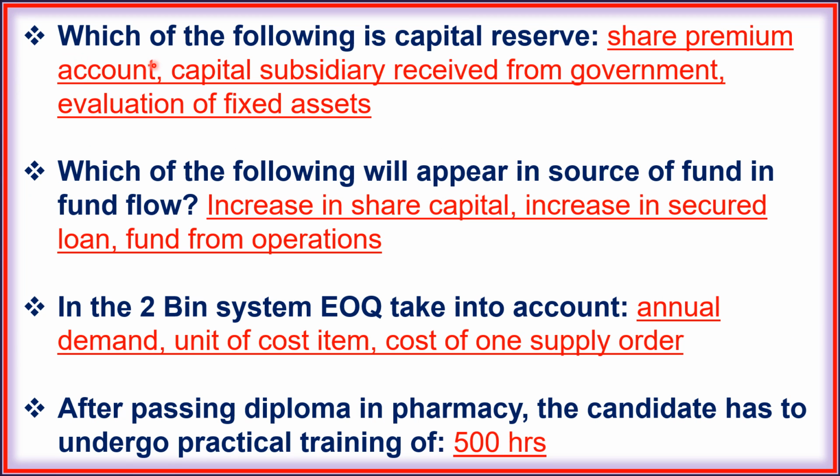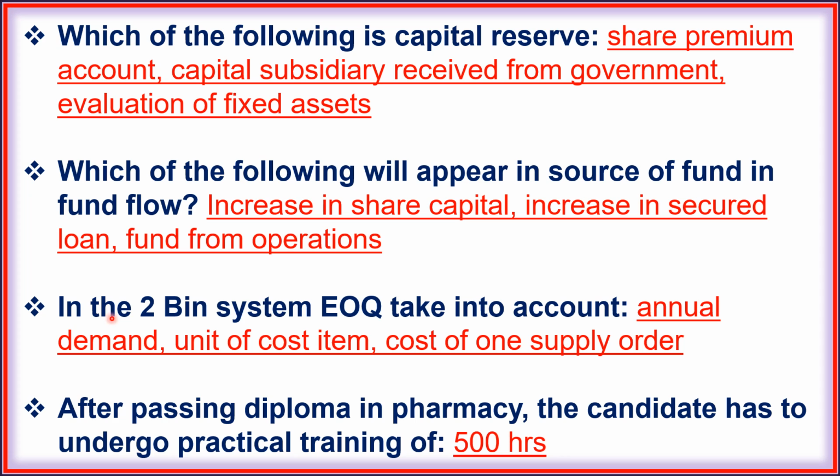Next, which of the following is capital reserve? Share premium account, capital subsidy received from government, and revaluation of fixed assets. Next, which of the following will appear in source of fund in fund flow? Those are increase in share capital, increase in secured loan, and fund from operations.